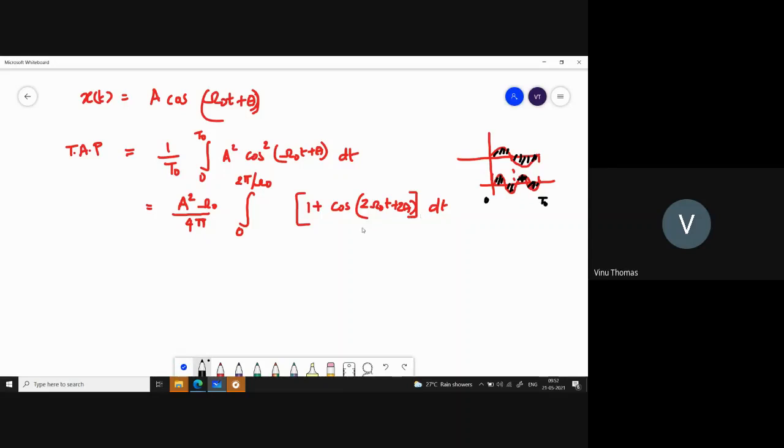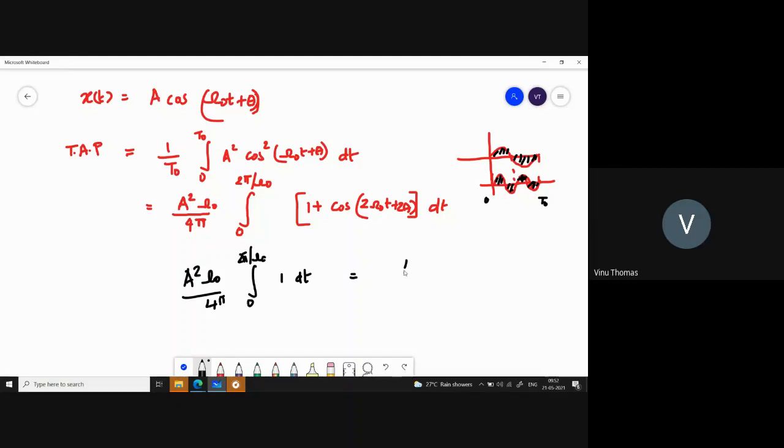Okay, so which means I only need to evaluate this a squared omega 0 by 4 pi into integral 0 to 2 pi by omega 0 of 1 dt. Is that okay? Because the second term vanishes to 0.